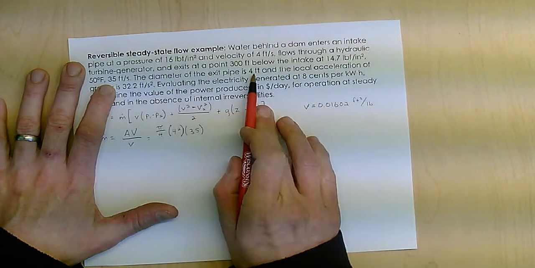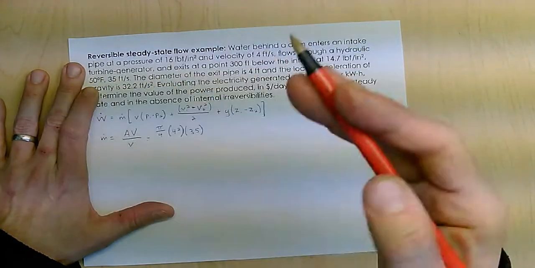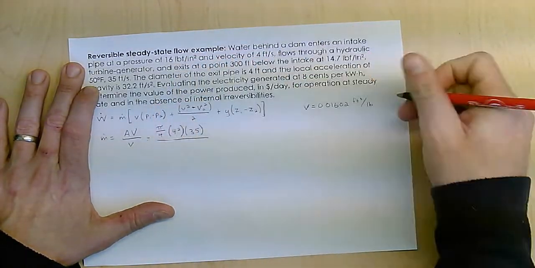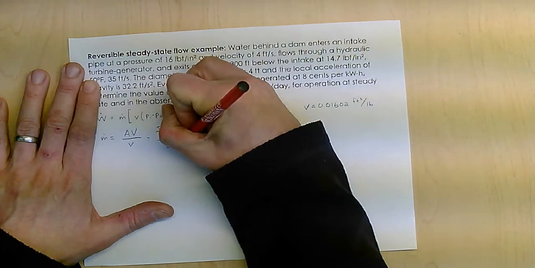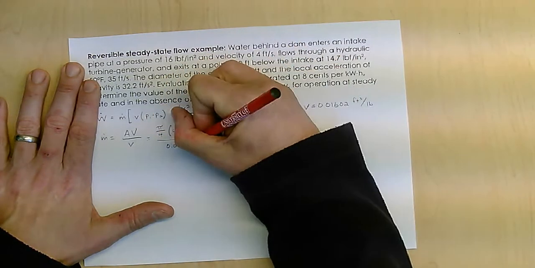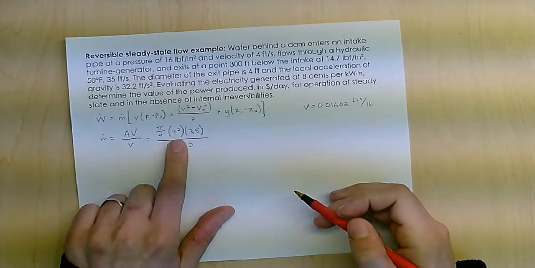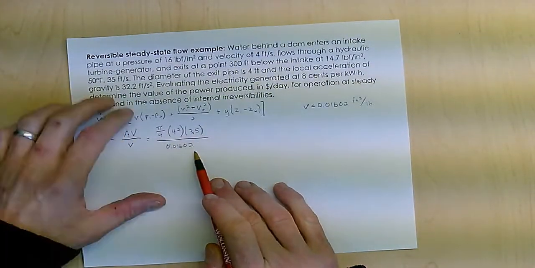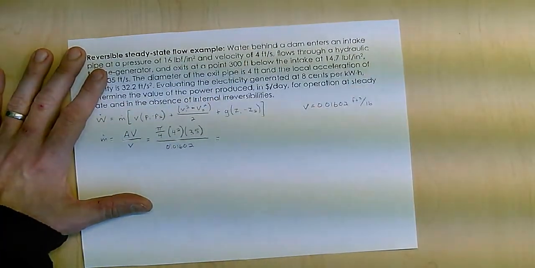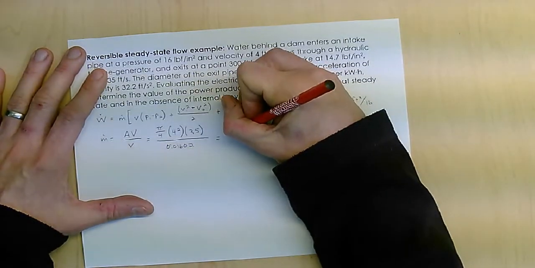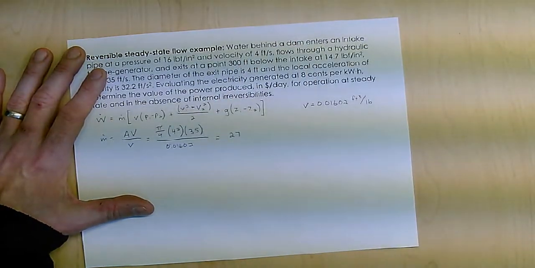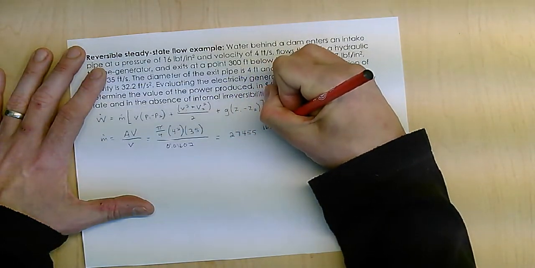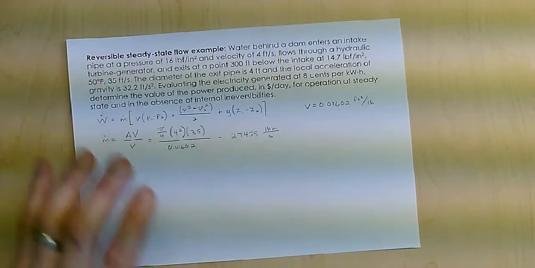Again, that's because I have the diameter of the exit pipe, and I have the temperature at the exit pipe, although the volume remains constant. The velocity definitely changes. Now my units here are going to work out because I have cubic feet per second up here and cubic feet per pound, so I'm going to have pounds per second for my mass flow, and I get 27,455 pounds per second. That's my mass flow.